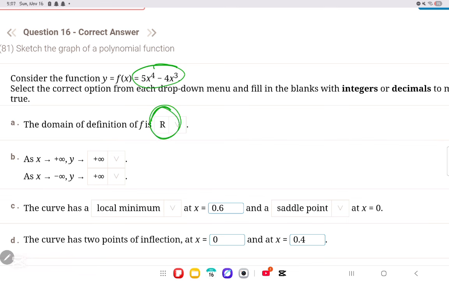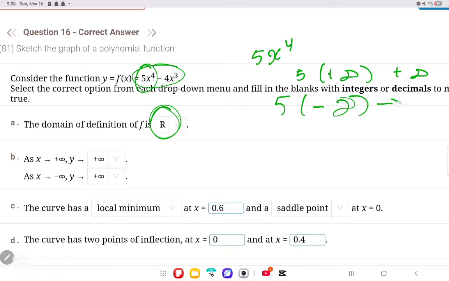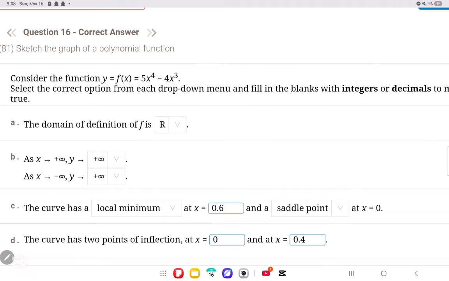So as x approaches infinity, what happens to my y? So I take my highest term, 5x to the 4. As x approaches plus infinity, I will get positive infinity. As x approaches minus infinity, I will get plus infinity as well, right? So plus infinity, plus infinity. The curve has a local minimum, local maximum and saddle point.